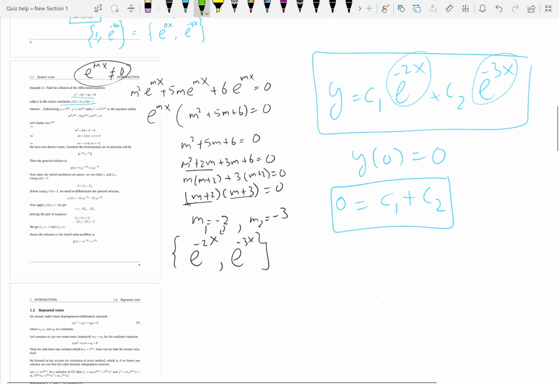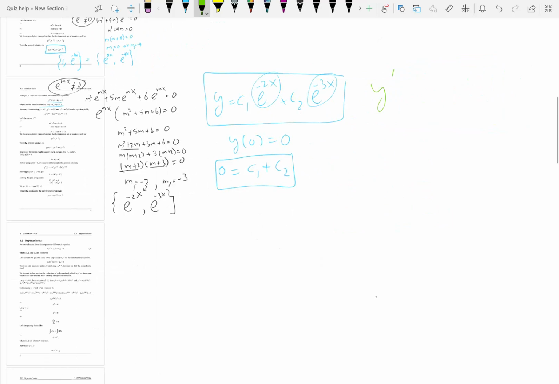Okay, so then let's use the second condition. It says y prime of 0 is 1. Now you need y prime. So you know y. How can we find y prime? Well, you have to differentiate this. So y prime first will be, if you differentiate this term, negative 2 comes out.